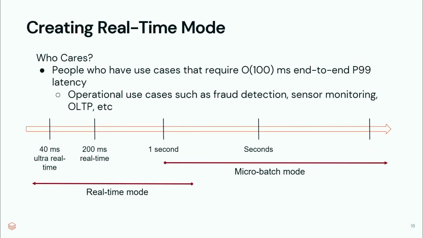In this new mode, we're targeting ultra-low latency, or freshness in another terminology. In micro-batch mode, we usually target the second level. In real-time mode, we're targeting the sub-second level, 100 milliseconds or even lower.